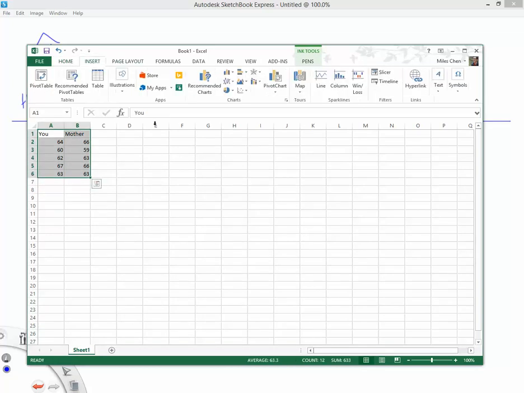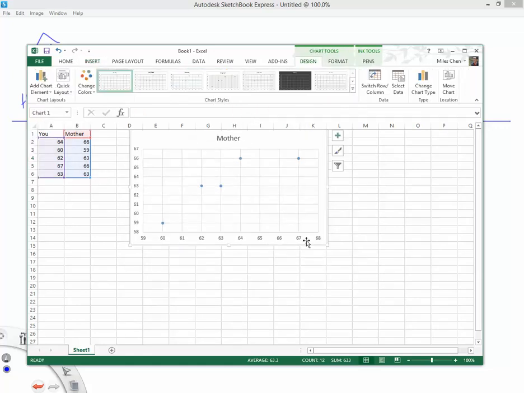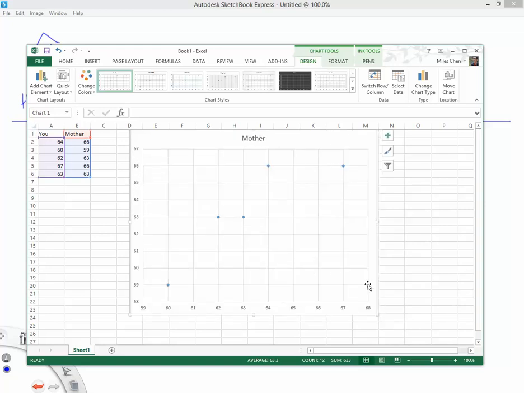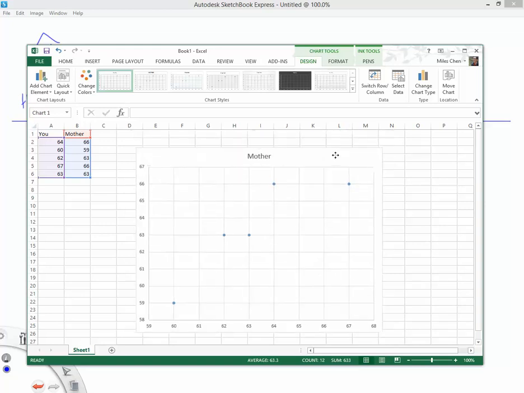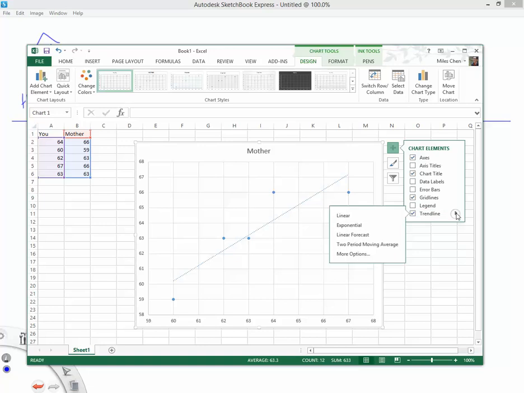I'm going to insert a scatter plot, and it looks something like this. Can we see this? These are just the different people along with their heights. And let's get the equation.